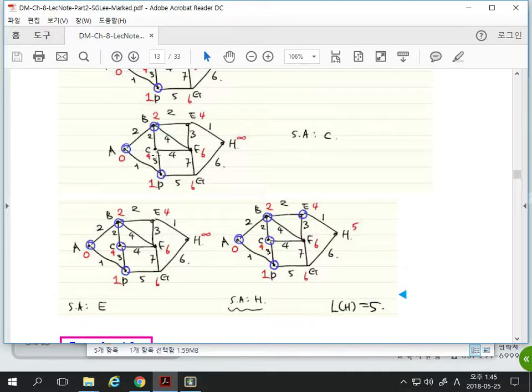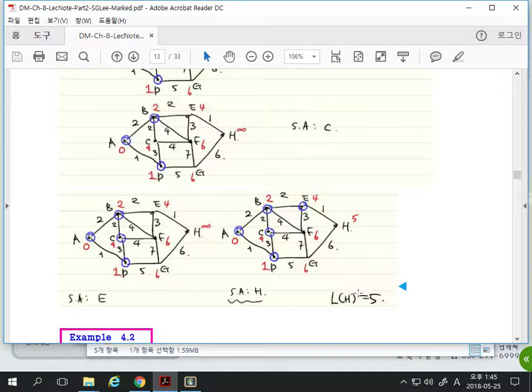Here is blue, and then choose C, and then choose E, and then choose H. So what you found is, from A to H, the shortest path is A, B, E, H, and the distance is 2, 2, 1, like this.